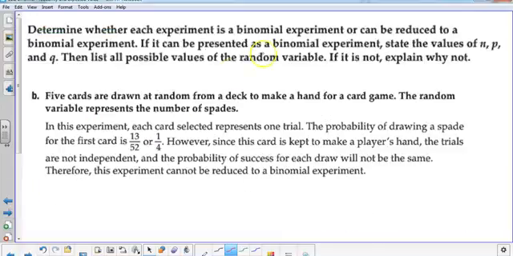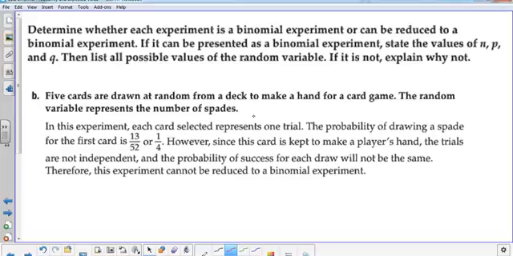All right, is this a binomial experiment? 5 cards are drawn at random from a deck to make a hand for a card game. What's the variable is the number of spades we get out of 5 cards. Why not? If you're dealing a hand to somebody, is the probability the same that you'll get a spade every time?